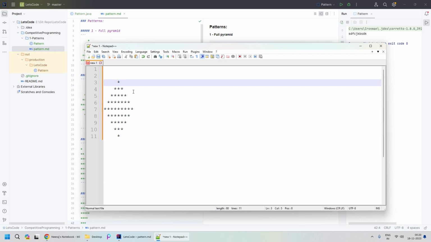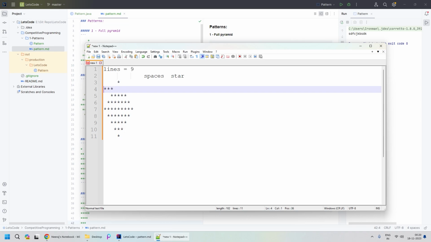Here, if you see, in total we have 9 lines, right? Let's say the number of lines equals 9. Let's count the spaces and stars as well. In the first line, we have one, two, three, four spaces.